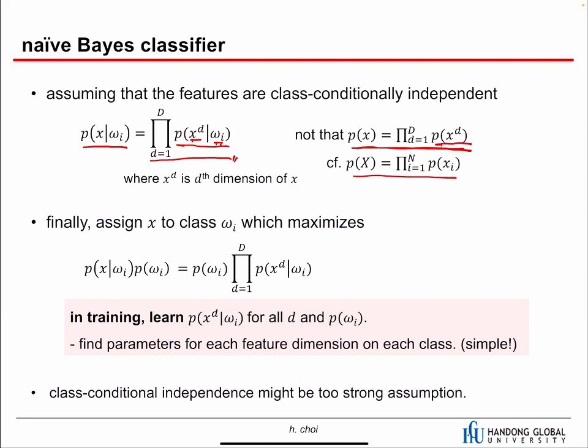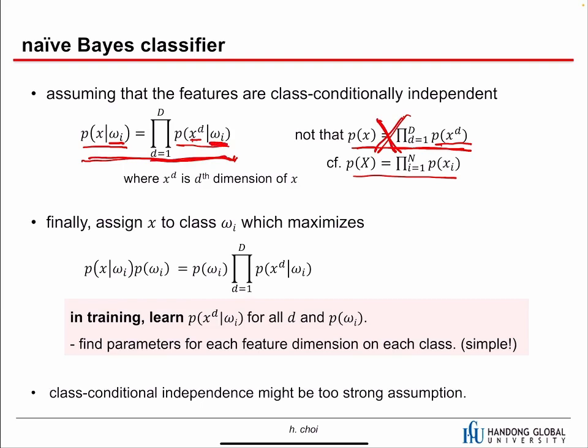Most of the time, this is not correct. But if we put this condition, then sometimes, yes, this might be right. This is not correct all the time. This might be correct sometimes because of these conditions.